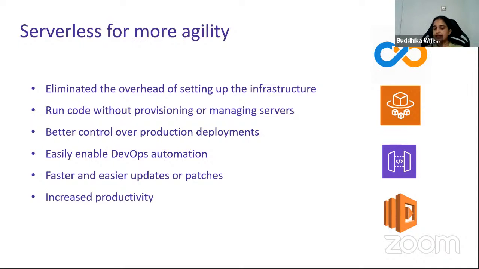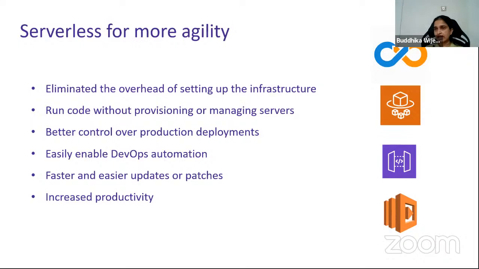When you go serverless, it will eliminate the overhead of setting up the infrastructure at all. You just build your code in the cloud and deploy, and it will be easier to run the code without provisioning or managing servers.